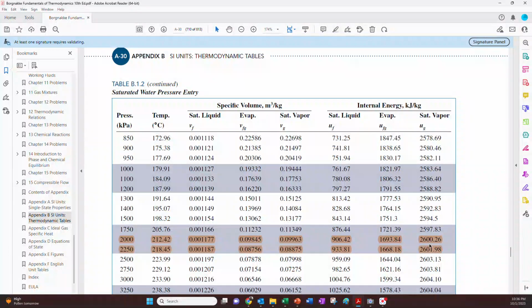But it's kind of interesting that there's barely any difference between these two pressures right here. You can almost guesstimate that it's somewhere halfway in between. Actually, this is 0.098 right here, so this is very close to being 2000.